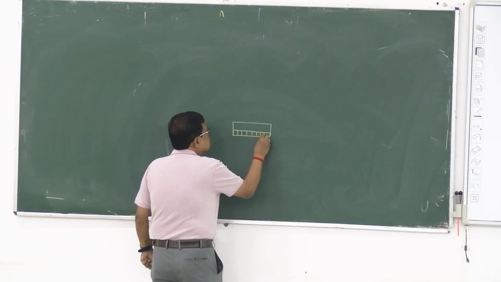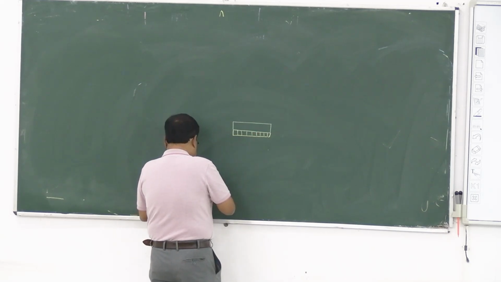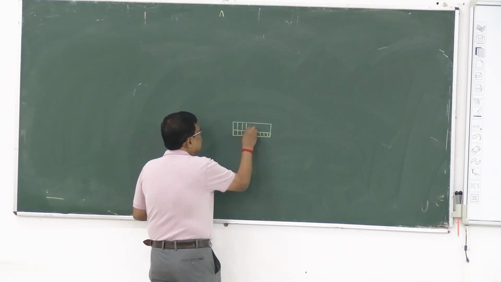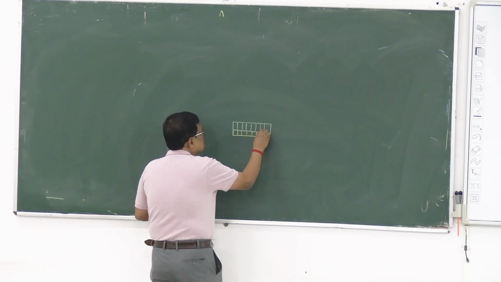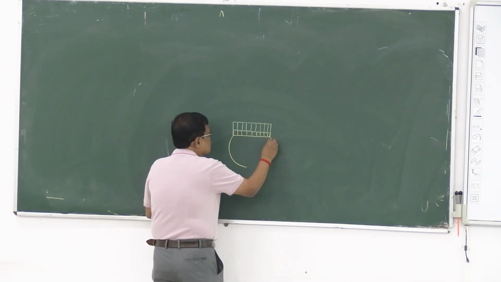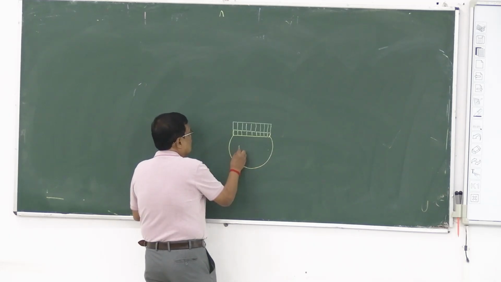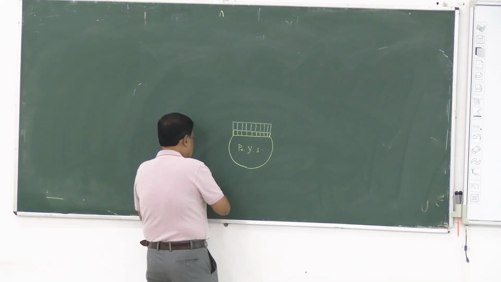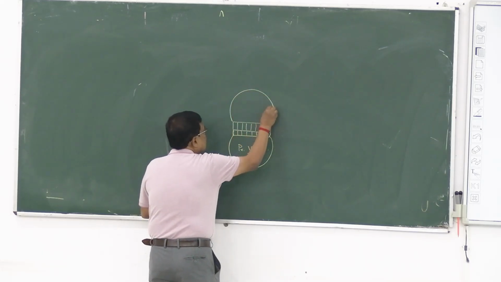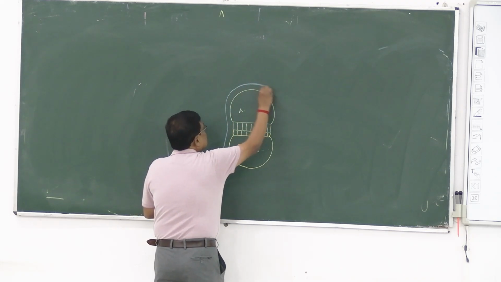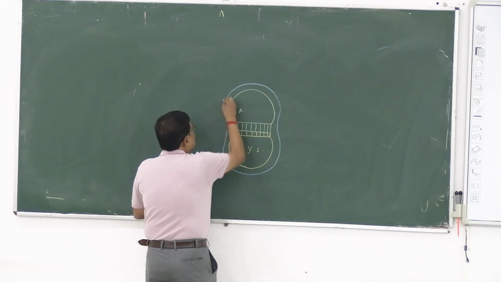This above is the epiblast, and the yellow color is the hypoblast, which forms the Heuser's membrane to form the primary yolk sac. And above there is an amniotic cavity, which is lined by cytotrophoblast.